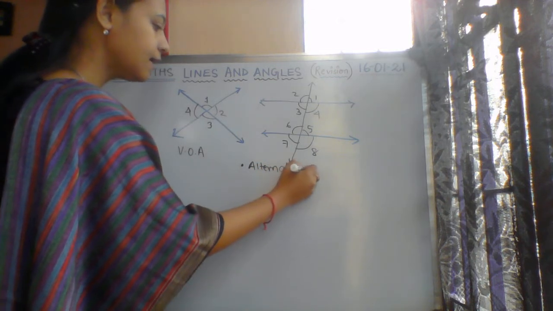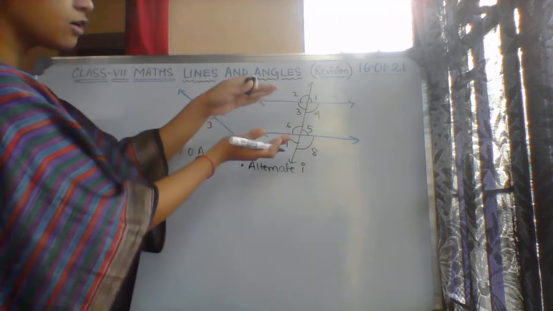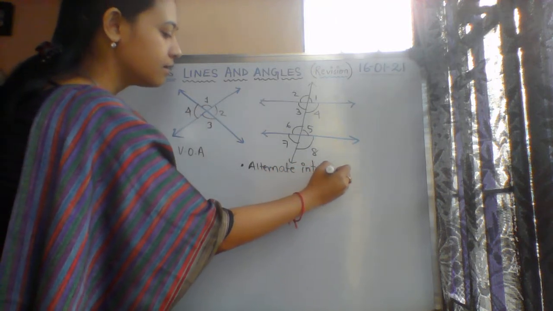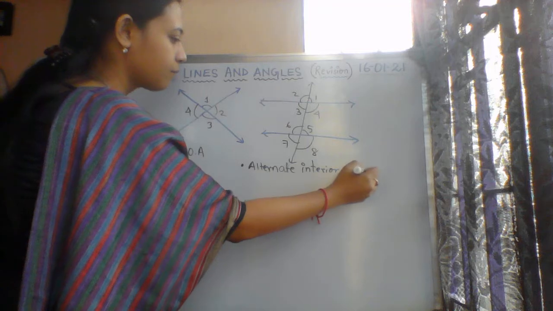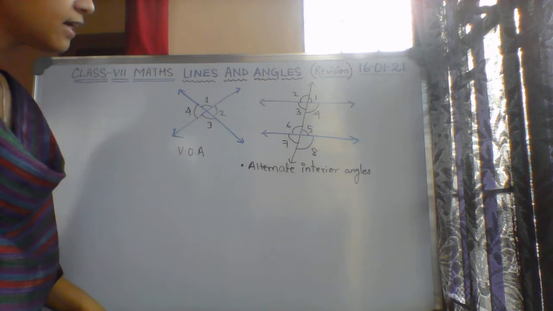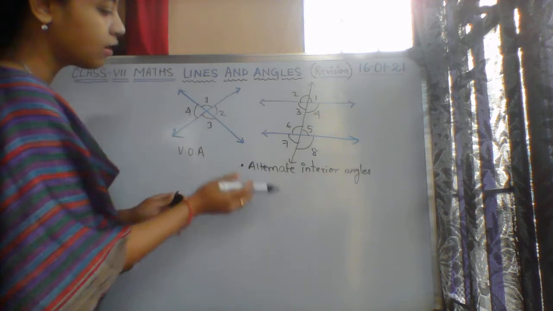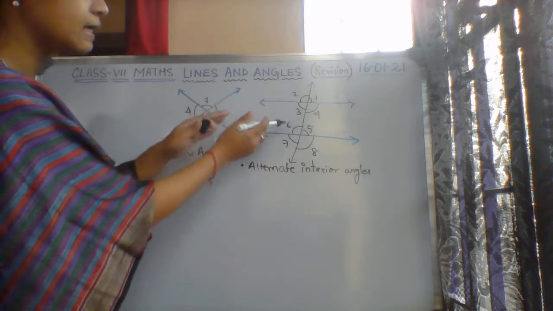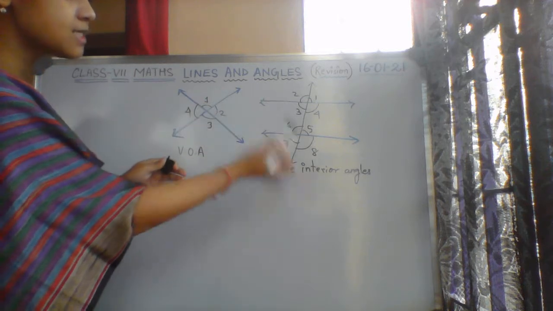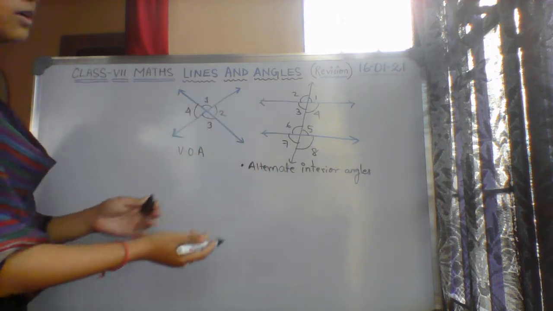Interior means they are present in the interior of the parallel lines. So what are those angles here we can identify? First of all, they should be in the interior of those parallel lines. Alternate, they should be present on opposite sides of the transversal.